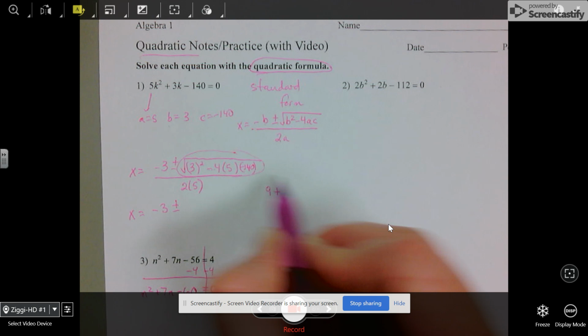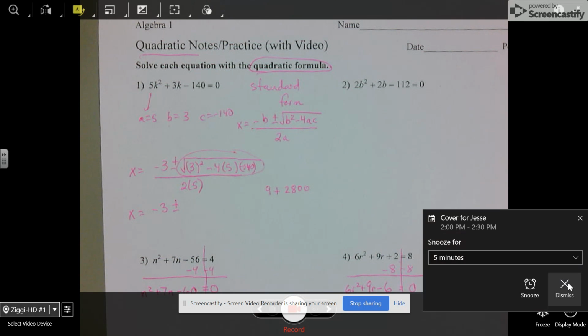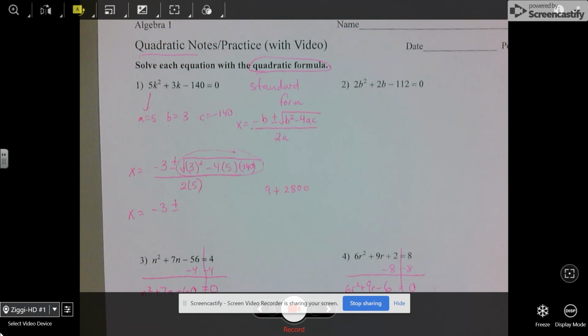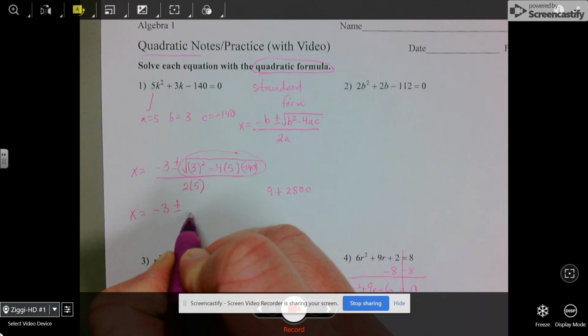You can use your calculator to do that. So I have the square root of 2,809 all over 10. And as of right now, I don't know if that's a perfect square or not.